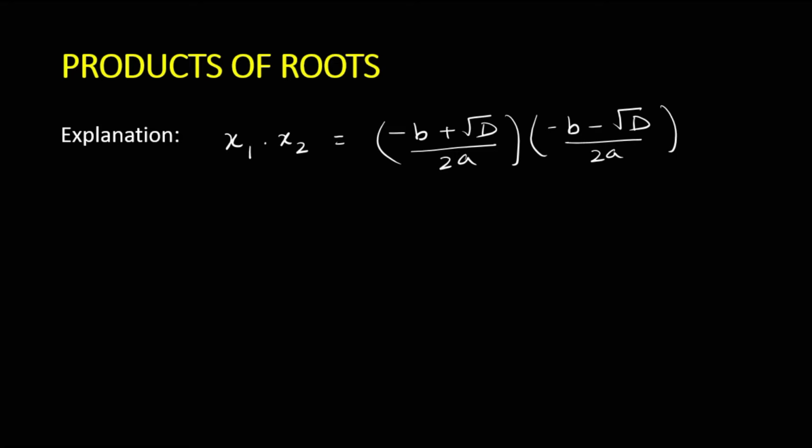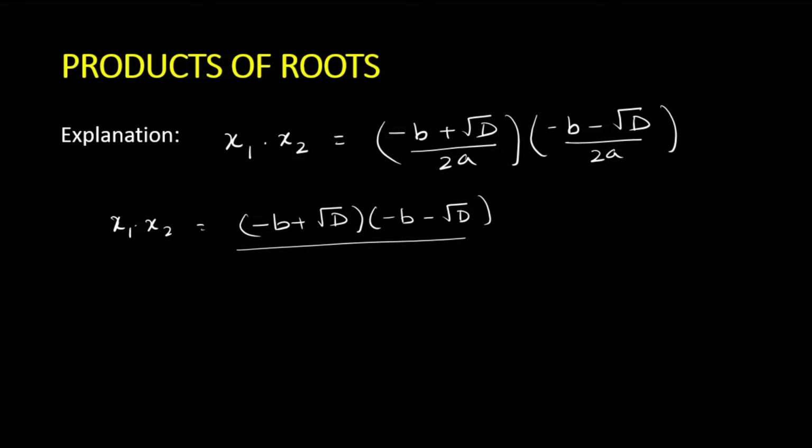Now on multiplication we can write here x1 into x2 is equal to minus b plus root d into minus b minus root d, and in denominator we have 2a into 2a, that is 4a square.